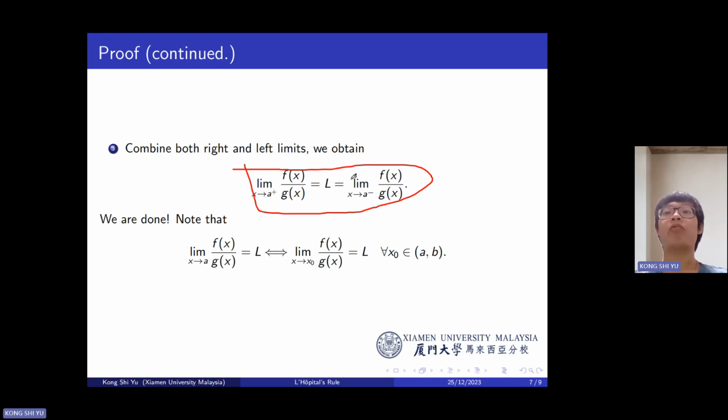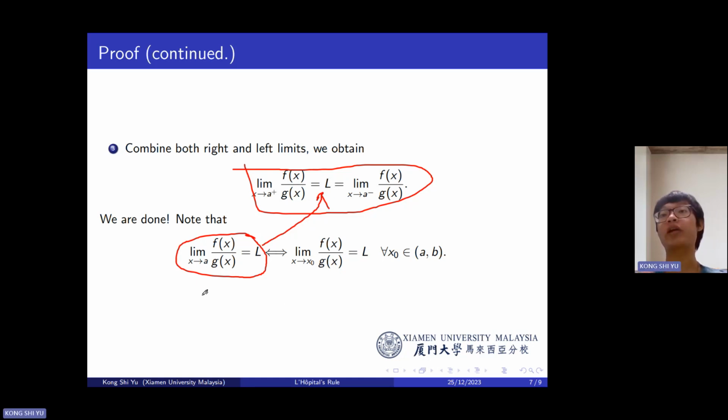Also look here: as we have learned in calculus 1, when the right and left-handed limits are both equal to the same finite number, we can conclude that this is equal to this.